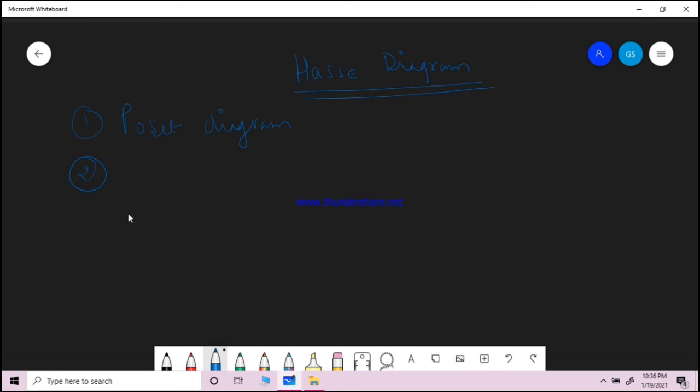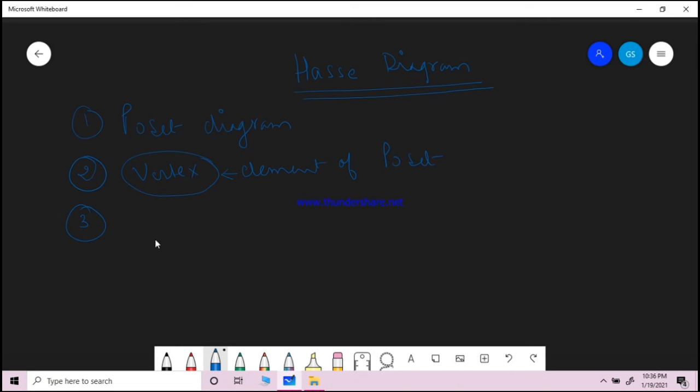First of all, you have to convert each vertex. You will get the vertices from the elements of the set. Whatever the poset is, the elements of the poset will be the vertices of your diagram.